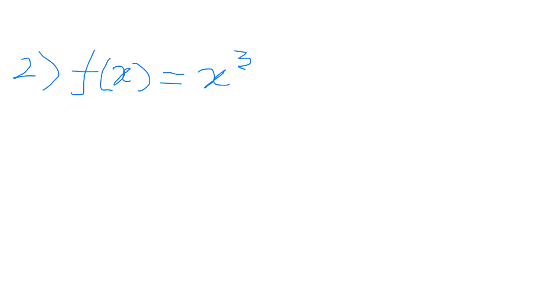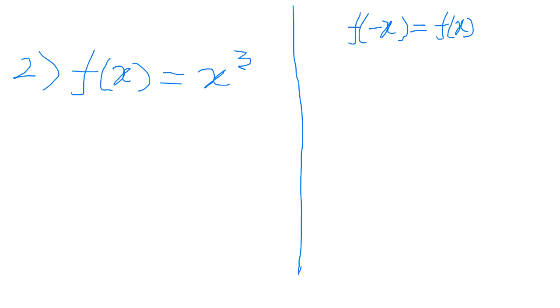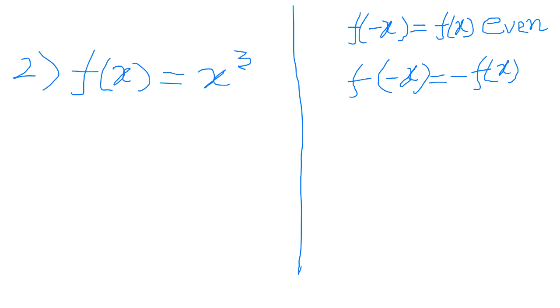And remember the conditions: if f of minus x equals f of x, this is even. And if f of minus x equals minus f of x, this is odd. This condition is for odd.